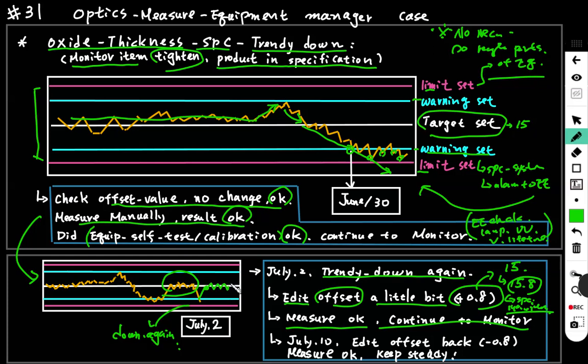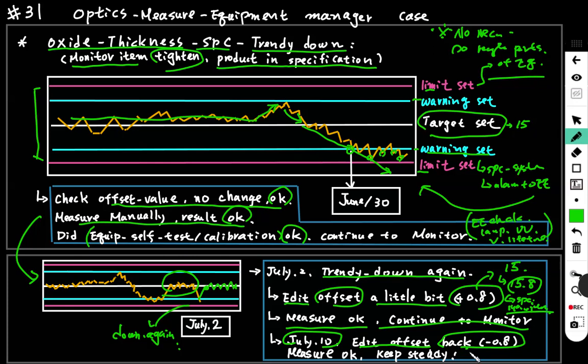So the monitor value kept steady from this action to July 10. The equipment engineer followed his experience and added the offset value back, that means minus 0.8.